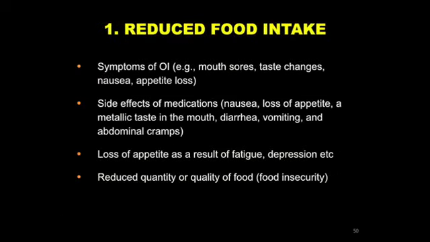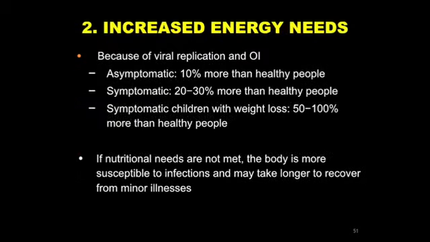Then how does HIV affect malnutrition? HIV does that through reduced food intake. That child didn't seem to be taking well. So the intake could be due to poor appetite or infections, opportunistic infections, or even food insecurity if the parents are sick. Then there are increased energy needs in these children, because it is said that if they are asymptomatic, they need 10% more energy than age and sex-controlled healthy children.